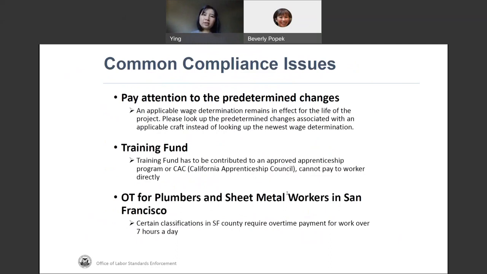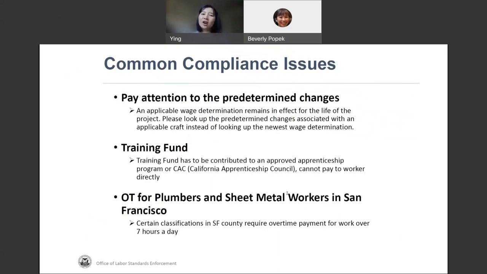Other common compliance issues include that contractors are not paying attention to the predetermined changes. An applicable wage determination remains in effect for the life of the project. Please look up the predetermined changes associated with an applicable craft instead of looking up the newest wage determination.